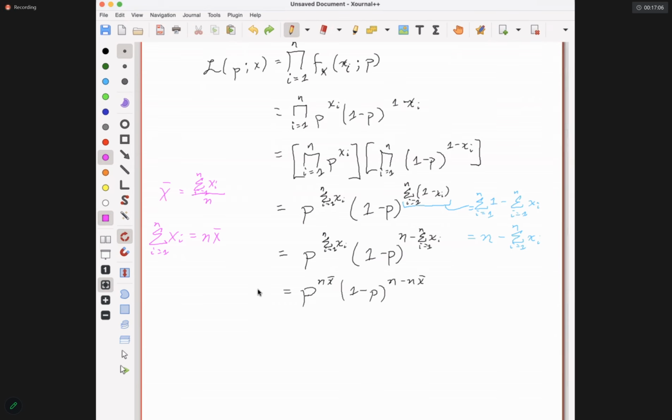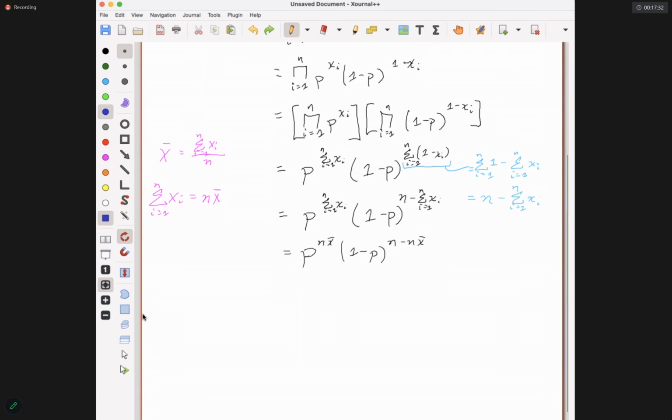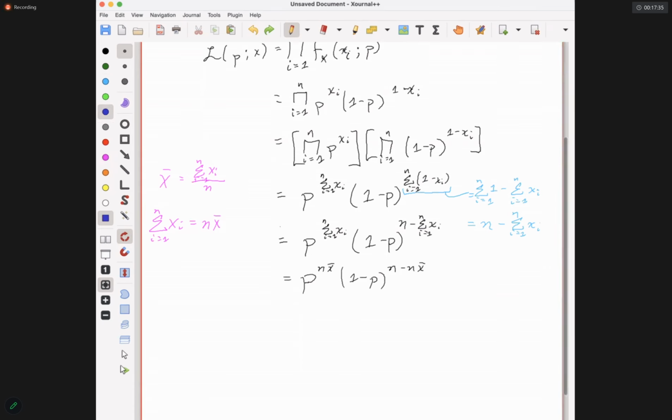Now, we didn't do that when we were looking at the maximum likelihood estimator for that uniform distribution, because that one we could not take the log. Or we could, but it would not have been helpful to us, because we wouldn't be able to differentiate. But here we're going to eventually differentiate to do a first derivative test to find the maximum. So we would like to take the log to make differentiation easier.